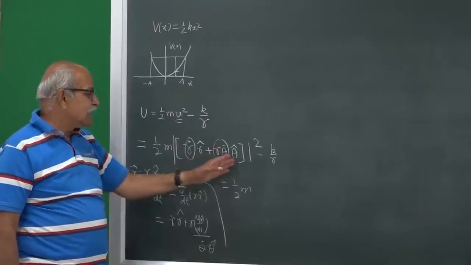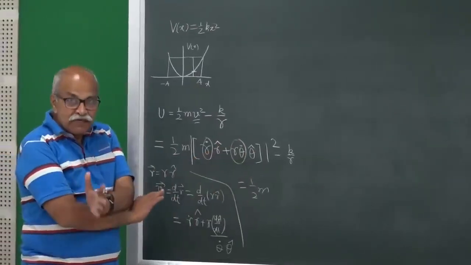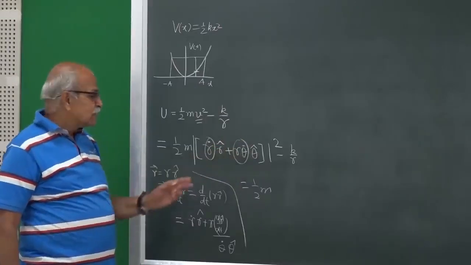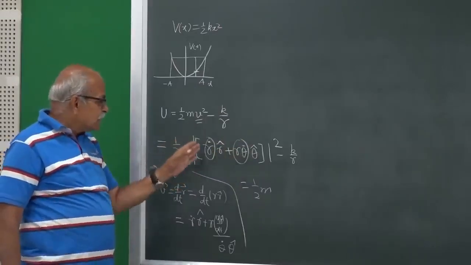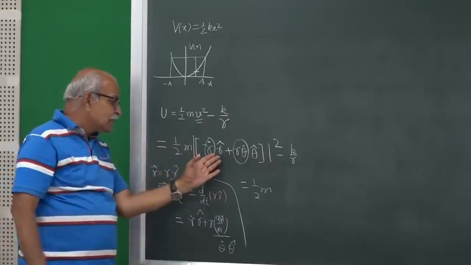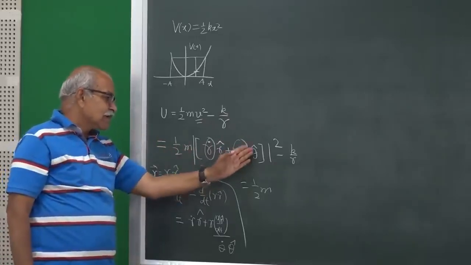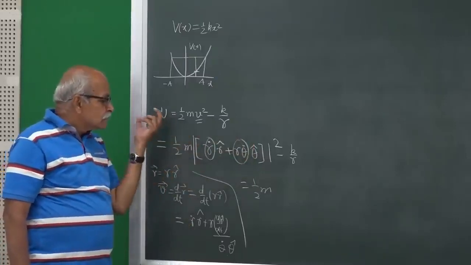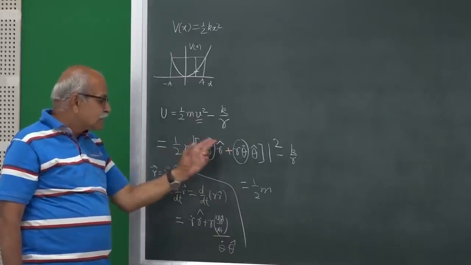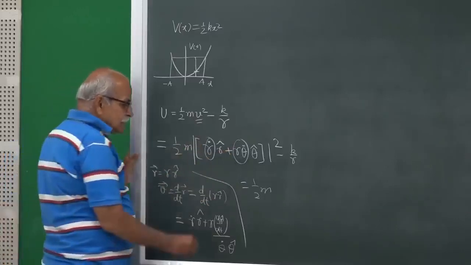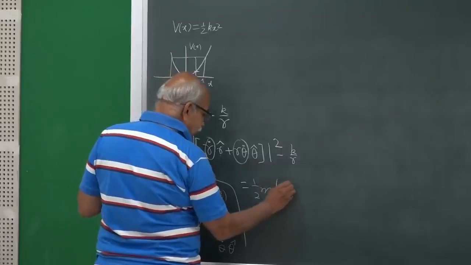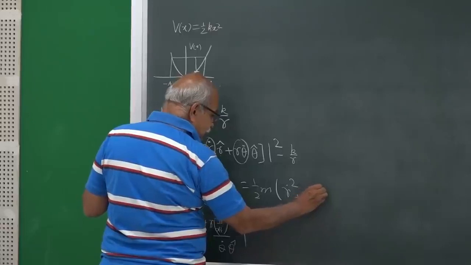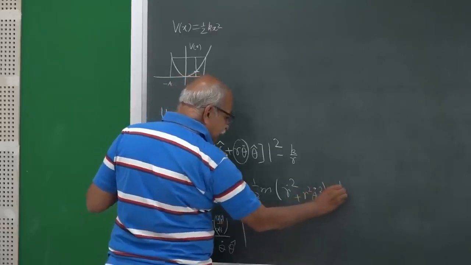The r cap direction and theta cap direction are perpendicular, unit vectors in perpendicular directions, and therefore you have broken the velocity vector into perpendicular components, one along r cap, another along theta cap, and so the magnitude square is the sum of the squares of the two components. So, this will be r dot square plus r square theta dot square, and minus k by r.